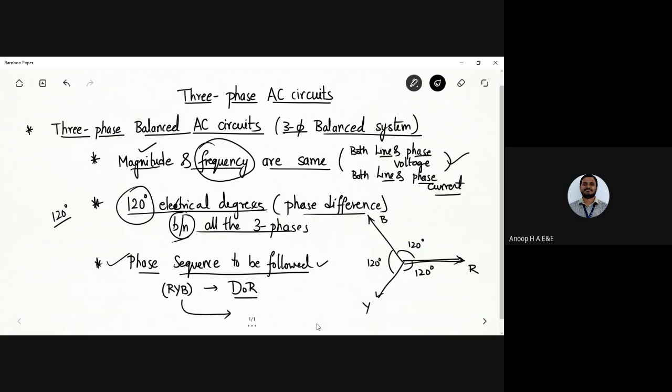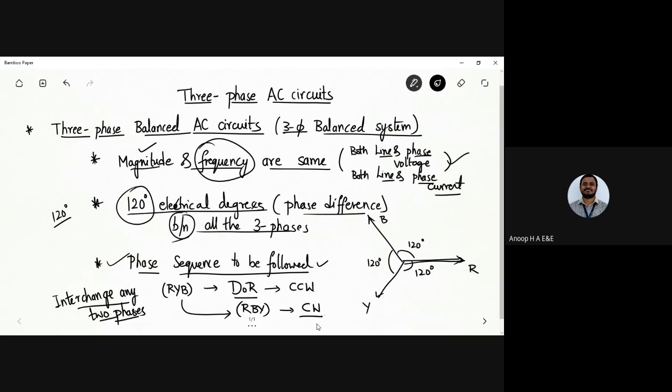If this direction of rotation is counterclockwise, and I interchange any two phases, I can change the direction of rotation to clockwise rotation.